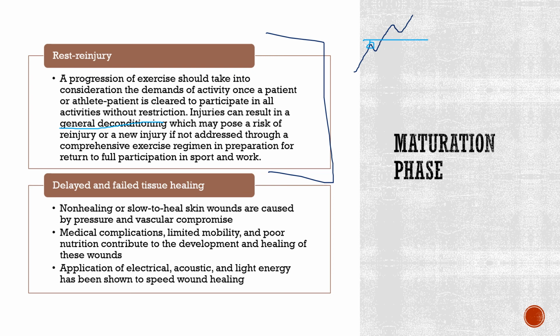With delayed and failed tissue healing, this occurs in different tissues associated with different aspects. We see this a lot in tendons, articular tissue, and some bones, where we don't have good blood flow or whatever associated with that, and so we can't get healing.